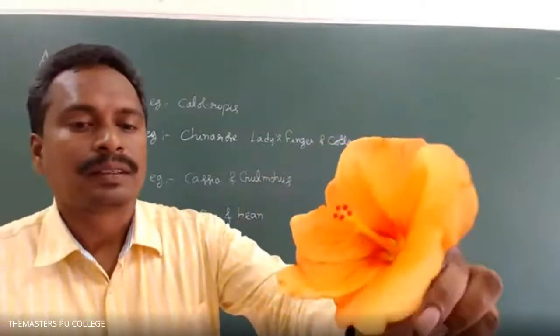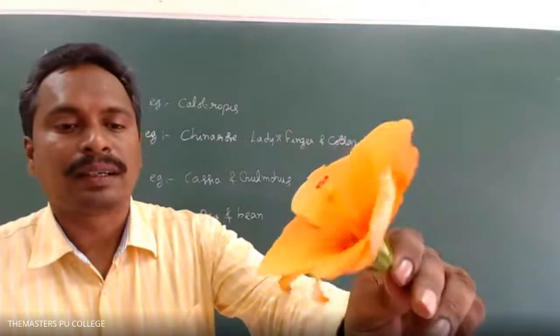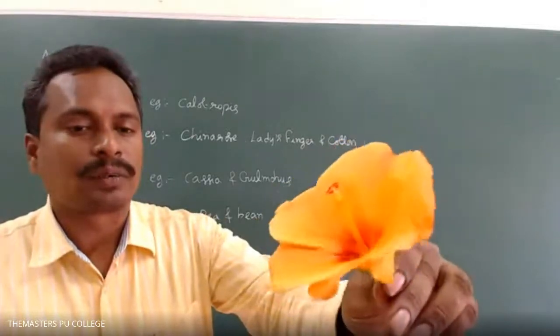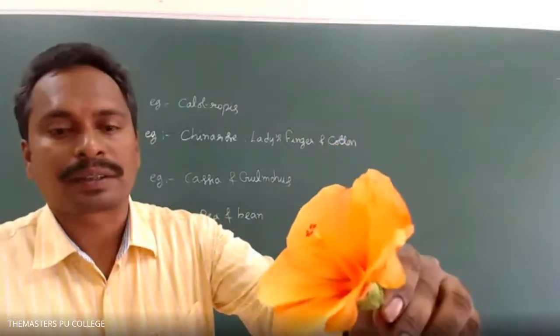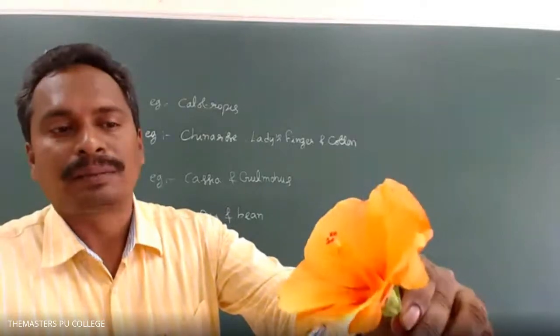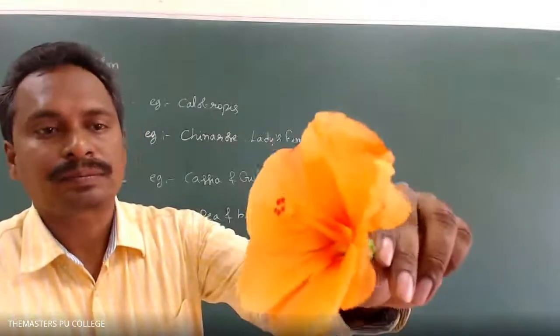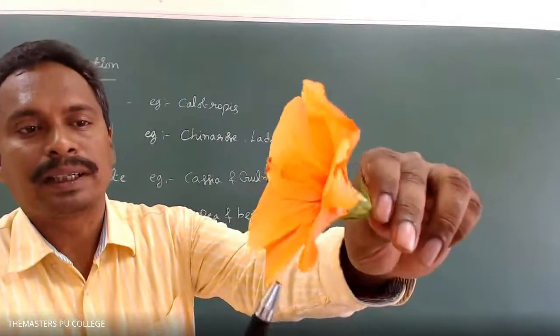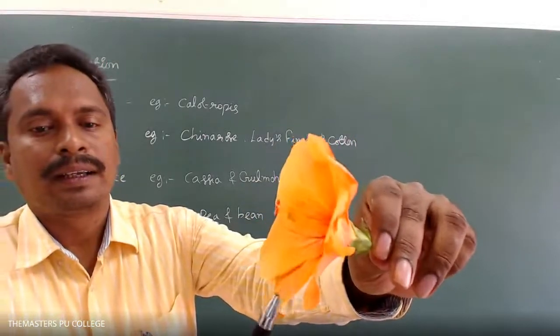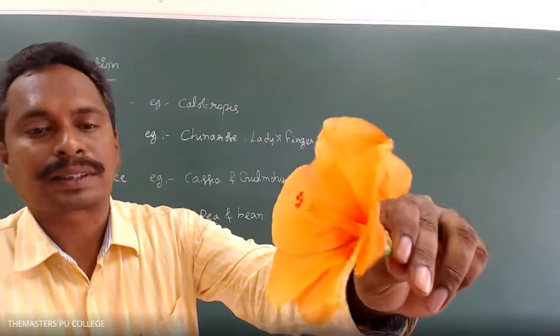Overlapping. The petal edges are overlapped on each other. One edge is present completely inside and another edge is present outside.